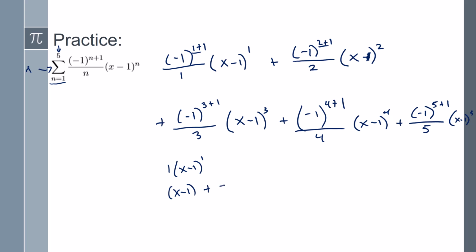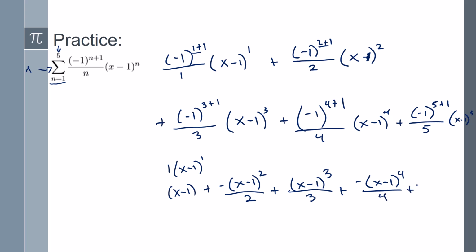So we're going to get negative and then x minus 1 squared all over 2. And then that's going to be positive. And then to the 5th, so that's going to be negative. Going to be even, so it's positive. There we go. That's my answer.